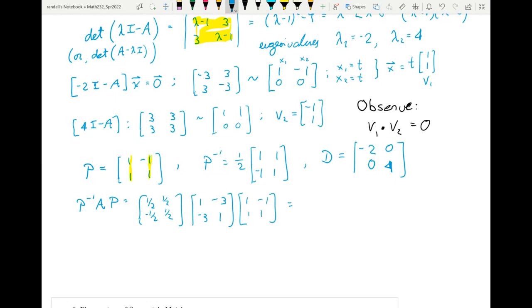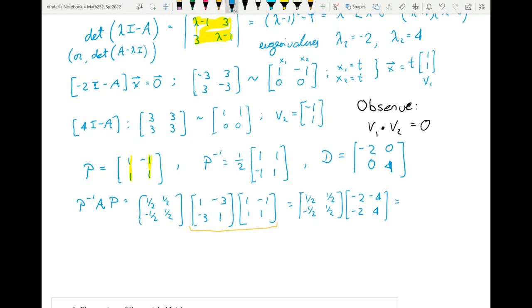Good. So let's do the latter two multiplications first. So let me just write out the P inverse. I'll do that one later. All right, now if we multiply the second two matrices, it's easy to see we get -2, -2, -4, and 4. Okay, so check that. So that's the product of these two matrices I just wrote down.